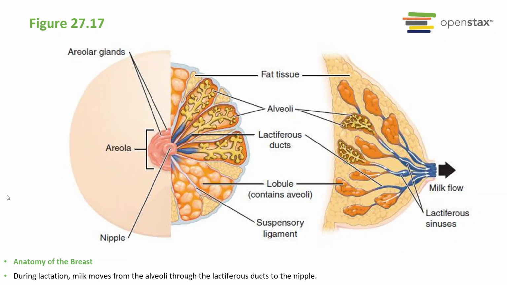These lactiferous ducts each extend to a lactiferous sinus and connect to a glandular lobe within the breast itself that contains several groups of milk-secreting cells in clusters known as alveoli. This is all highlighted in the diagram on your screen here. This is essential for the developing offspring in providing nourishment.